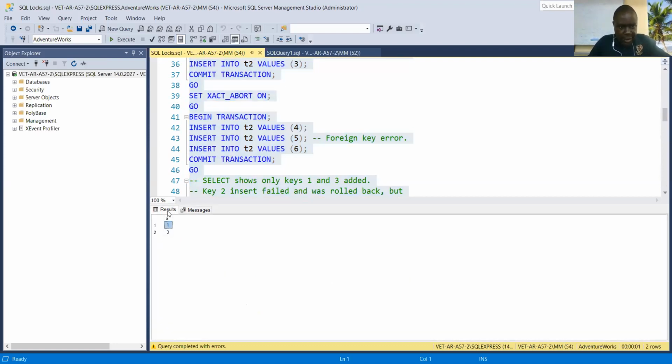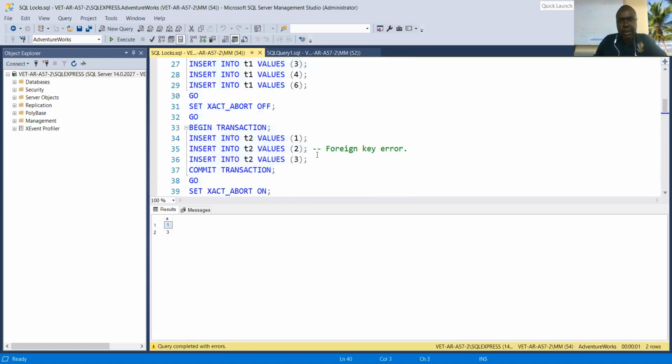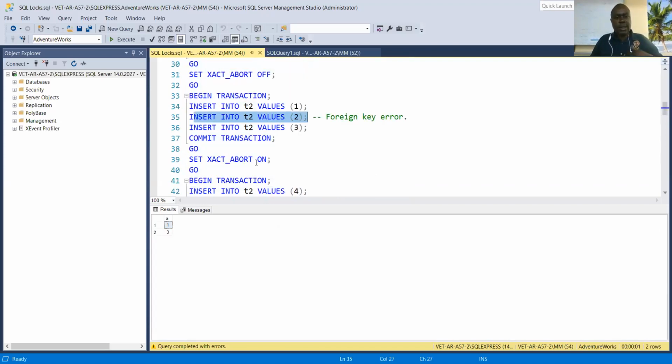If we go to results, we see that in table T2, we only have 2 items. The row where there is 1 and where there is 3. Meaning that this one, where we tried to insert 2, failed, okay? So that's just an option that you can set to reverse transactions automatically.